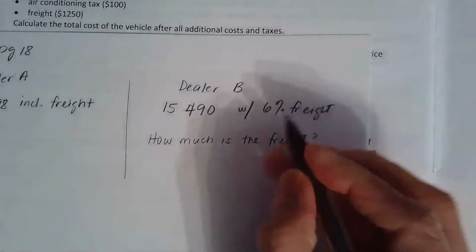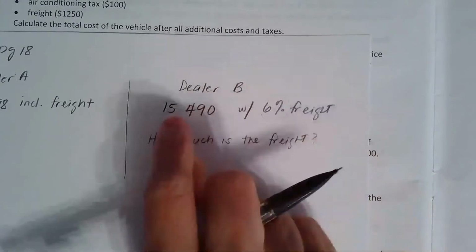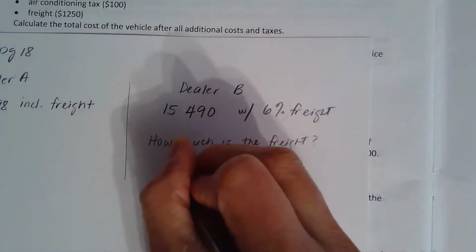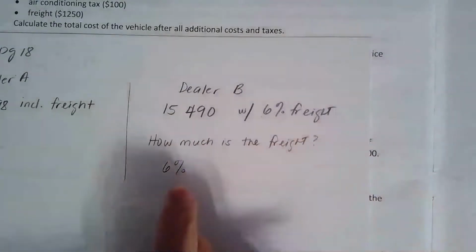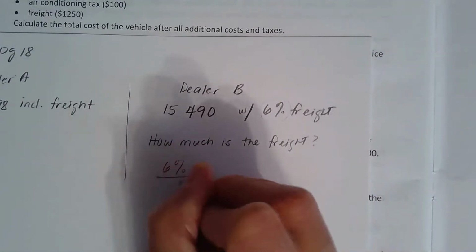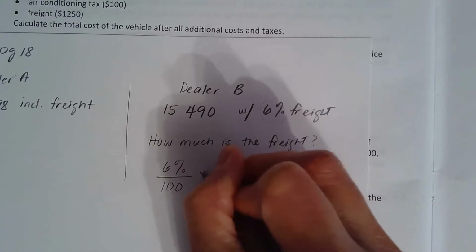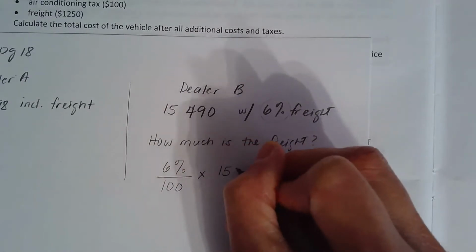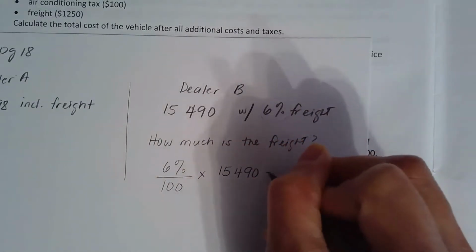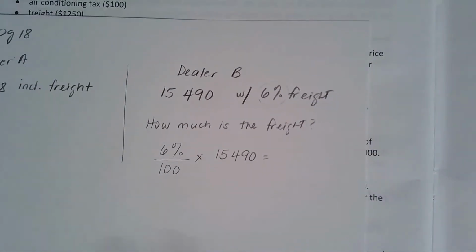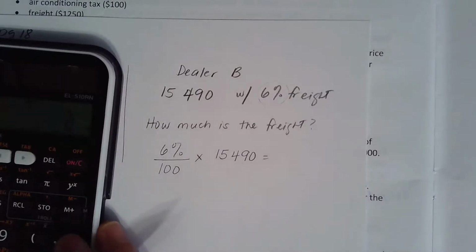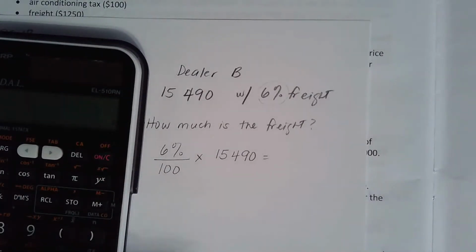Okay, so the freight is 6% of the purchase price. The word percent means per 100, so 6 divided by 100 times 15,490.